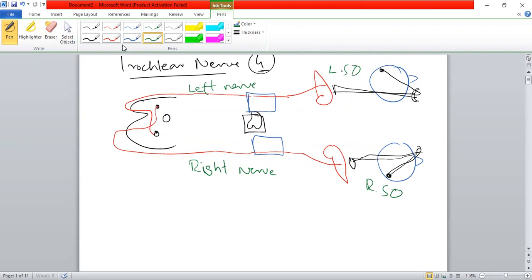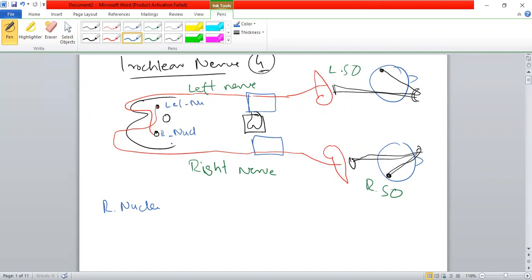Now the confusion is when they ask you about the right nucleus. Okay, they are mentioning this one. So this is the right nucleus of the trochlear nerve, and this is the left side nucleus.